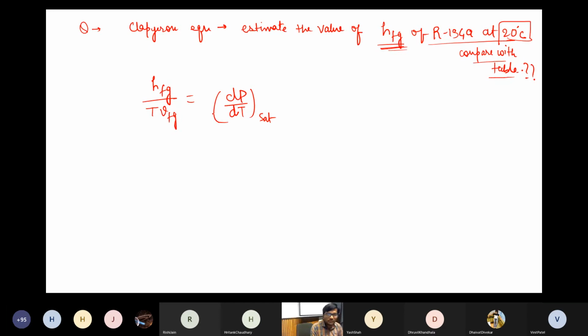You can go ahead and find HFG. First you tabulate from the table what the value of HFG is, and then you calculate with this particular equation, and let's see how far we are from there. You guys can go and check. It is telling me to see table A11.